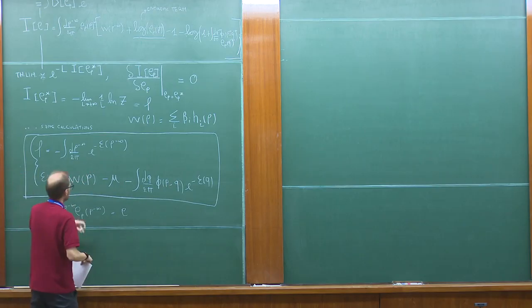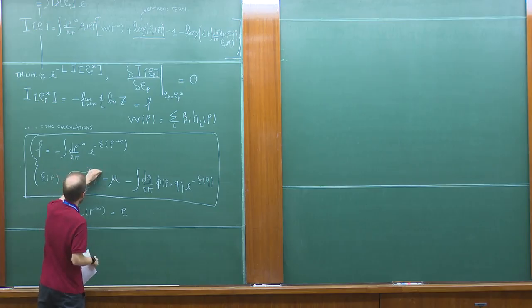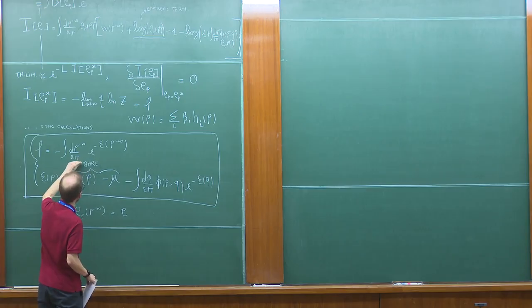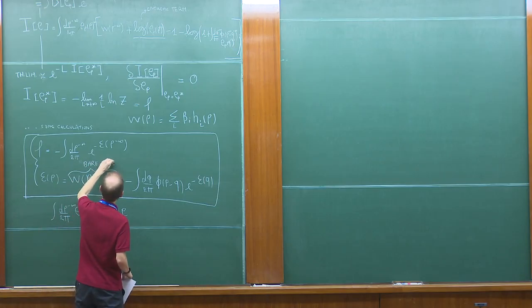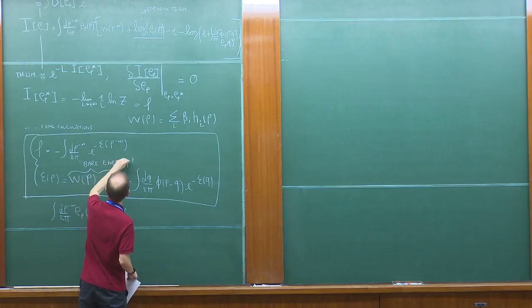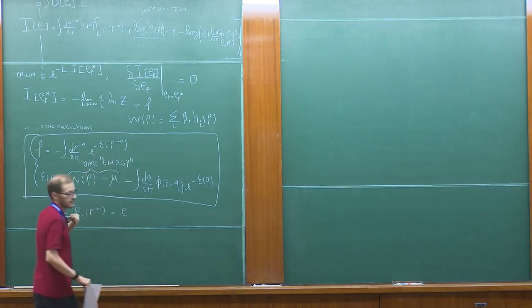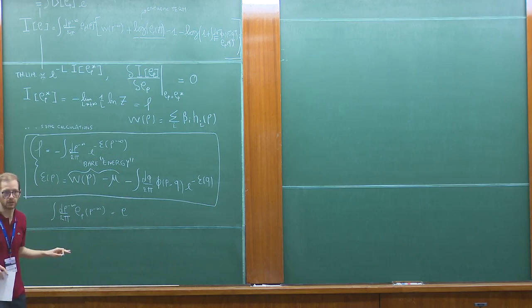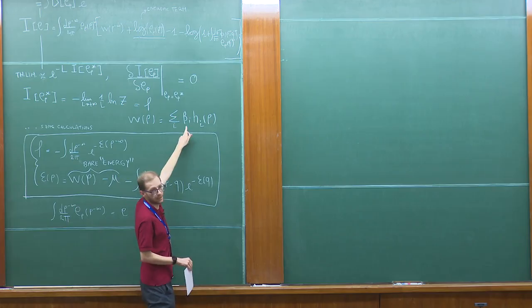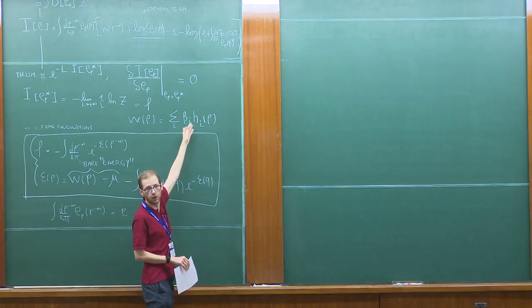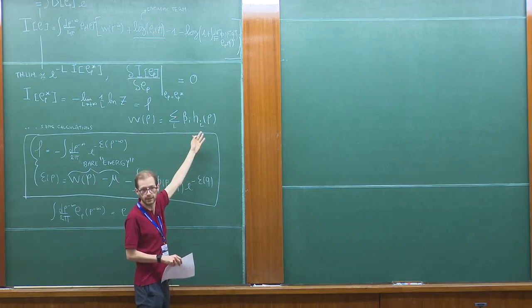This is called the bare energy. It's the energy that would characterize the system without interactions. I say energy in quotes because in principle there can be other multipliers here rather than the temperature.